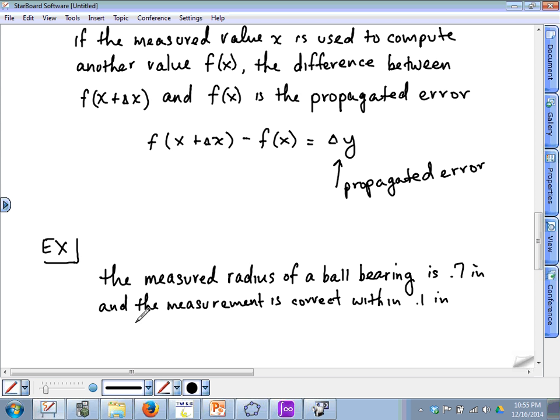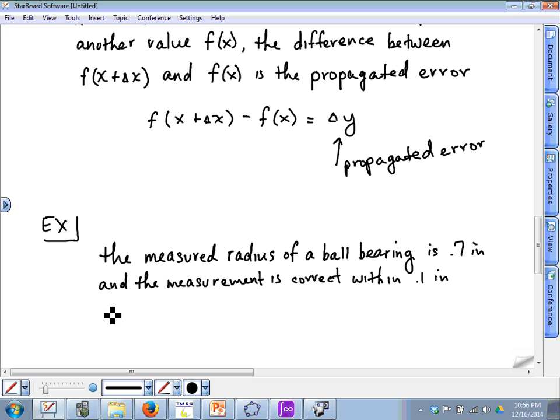So if we're going to use the measured radius in another formula, let's say we wanted to calculate the surface area or the volume, if we're going to use the measured radius of 7/10 of an inch rather than the actual measurement, which, because 7/10 is correct within 0.1.